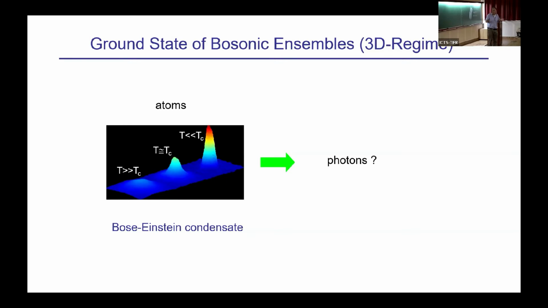Now what happens is the following. The photons just go away. It's getting dark. The photons normally have no chemical potential, so they're not conserved particles. The black body radiation at 0 kelvin gives you the absence of photons, which is not a very interesting state of the light field. So how can you do better?